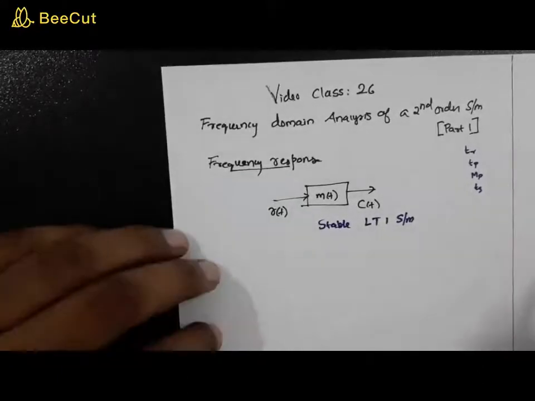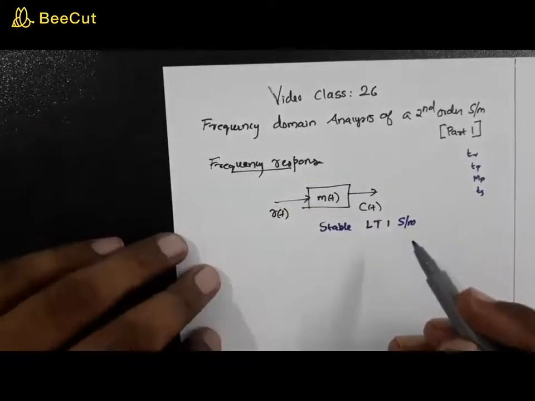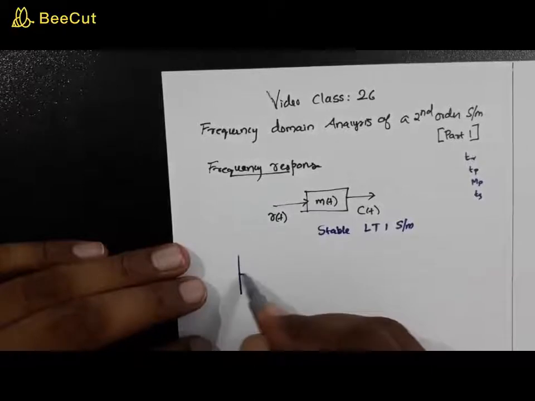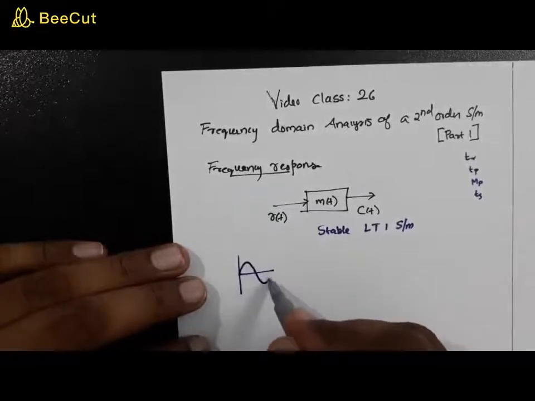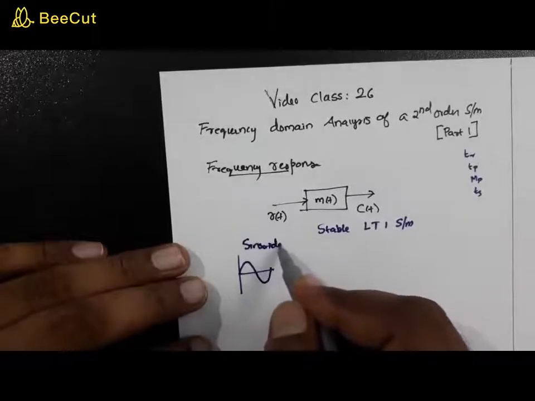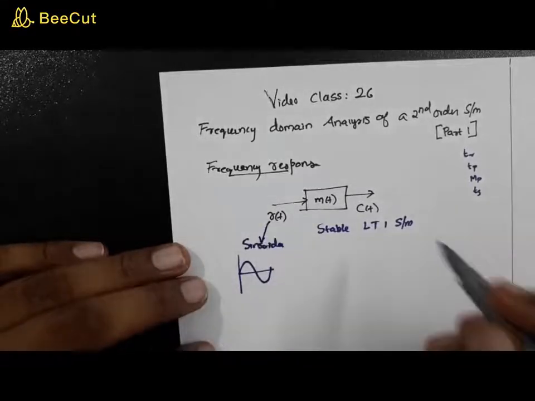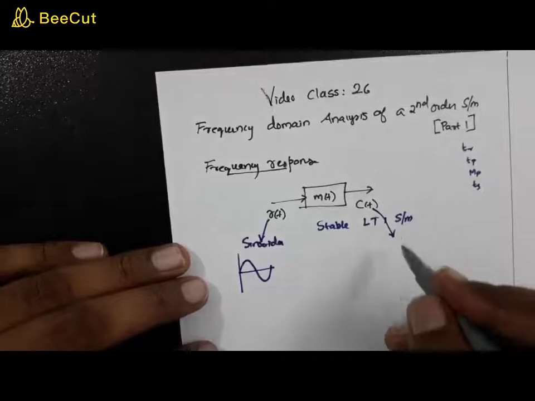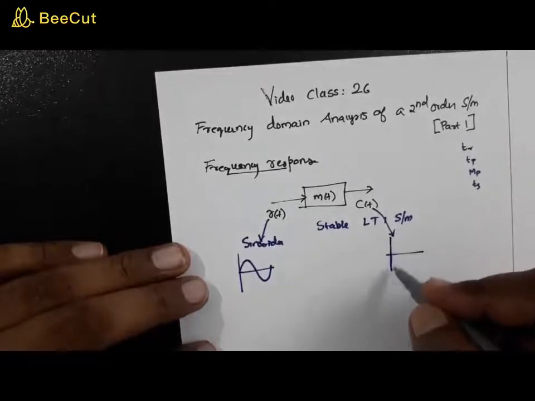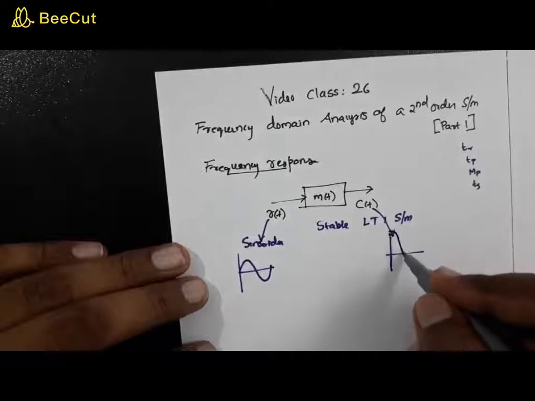Now the meaning of frequency response is this: when you give a sinusoidal input, say something like this, you are going to get again a sinusoidal signal, maybe of this form.